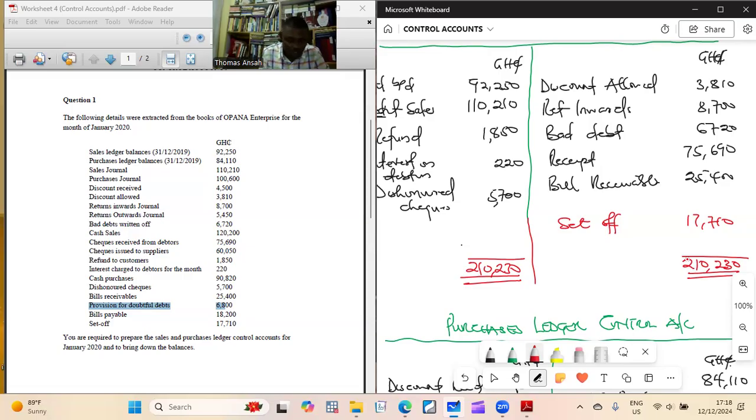So if I take it now from 210,230, I have 72,200. So this side needs a top up. So balance carried down 72,200. Therefore, balance brought down is 72,200. Easy peasy, you are done.